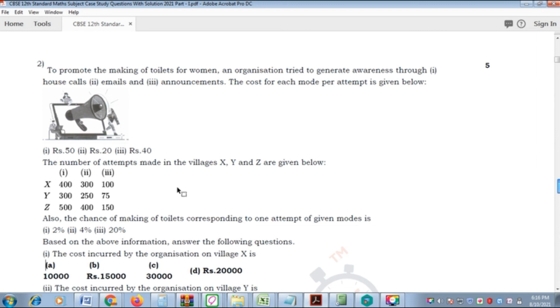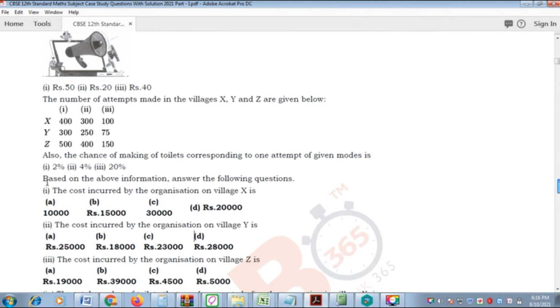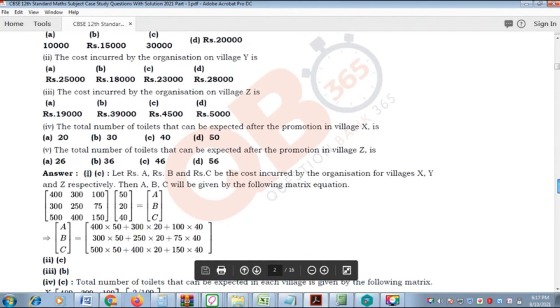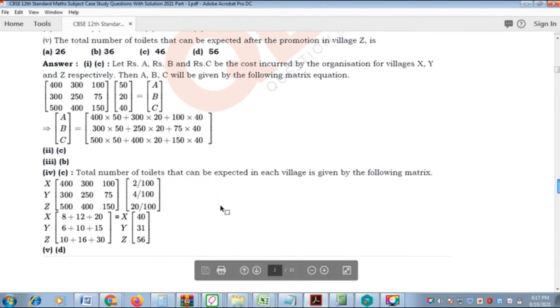Based on that, they ask 5 different questions. QB365 provides complete solutions for all these case study questions, which are very useful from your examination point of view.